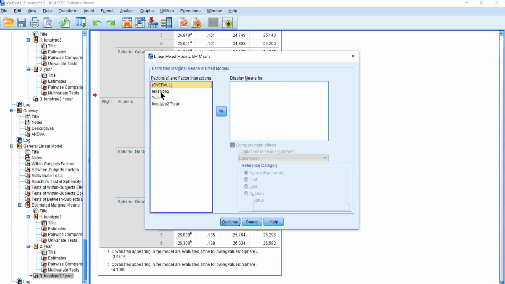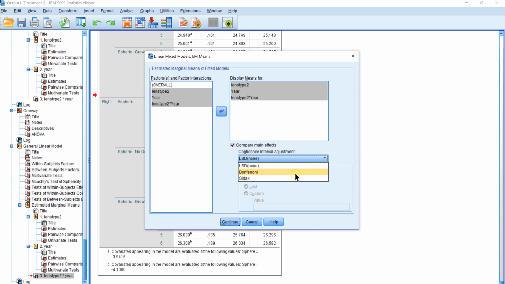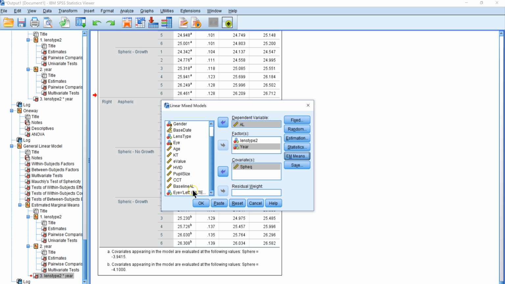And we want to get these means. And that looks like it's about it for statistics.